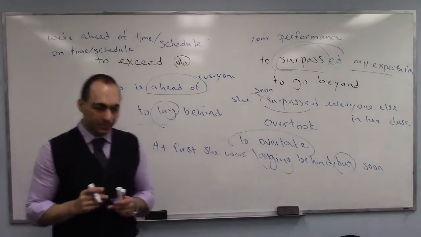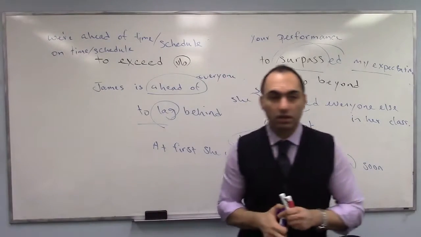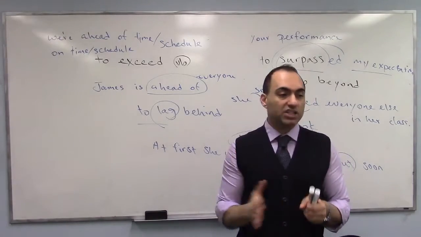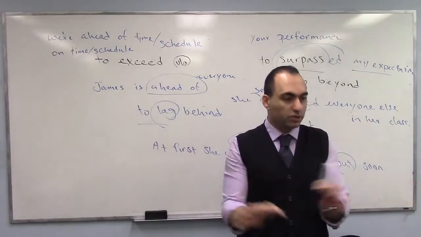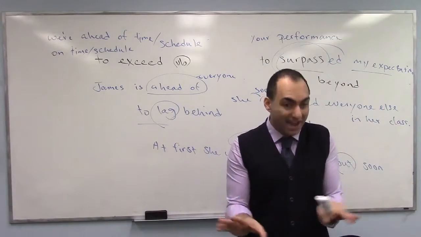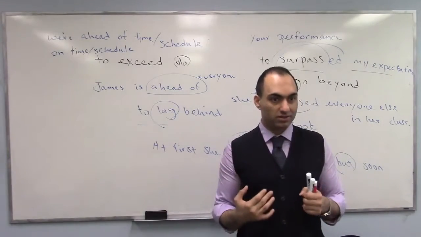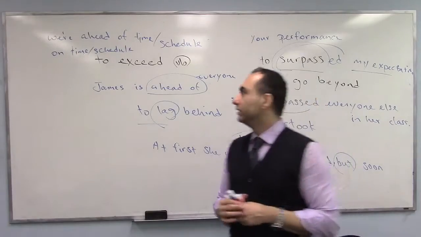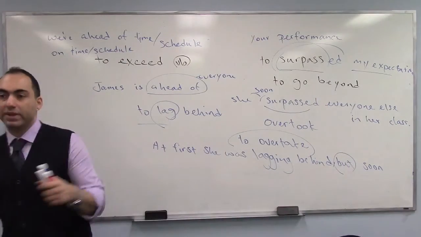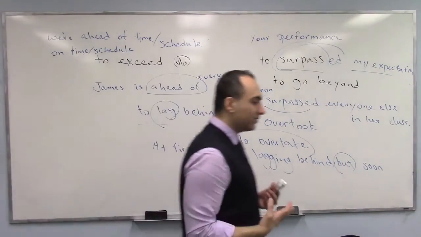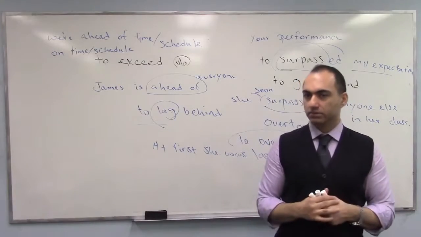For example, by the end of this week, we should be done with chapter 4. But now we are already in chapter 5. So we're ahead of schedule. So we can be either ahead or we can be lagging behind.